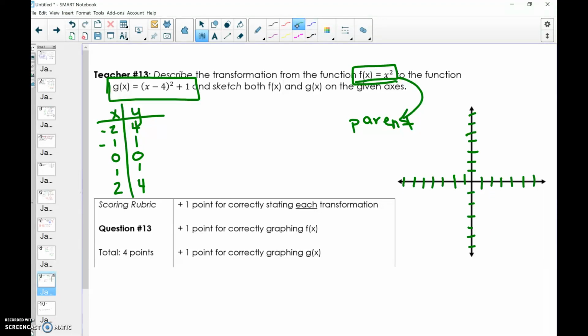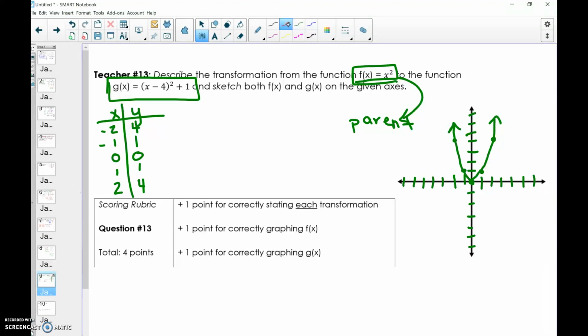I'll keep it as green. So I've got 0, 0, 1, 1, and -1, 1. And then I've got -2, 4, and +2, 4. So somewhere around here and here, it should be symmetric, and get that nice U-shaped parabola for my original.